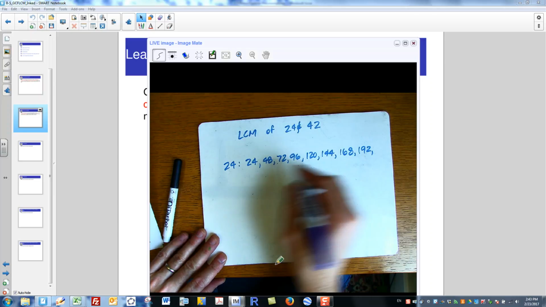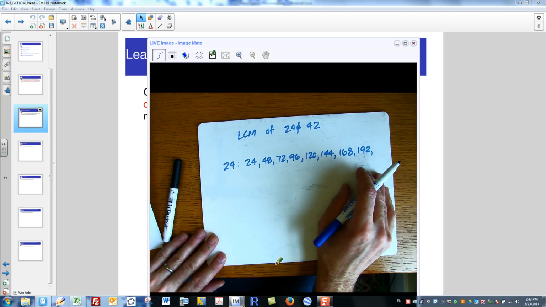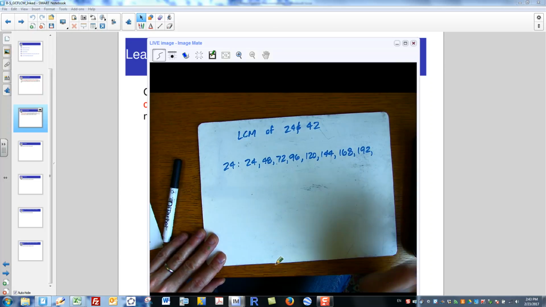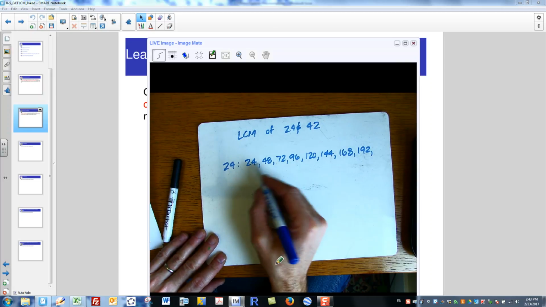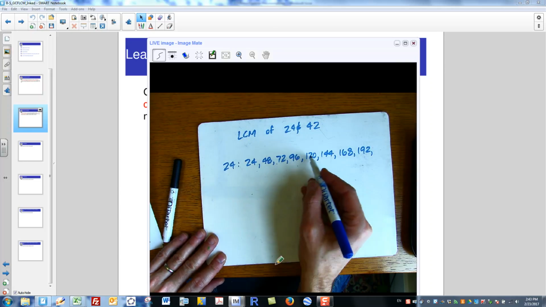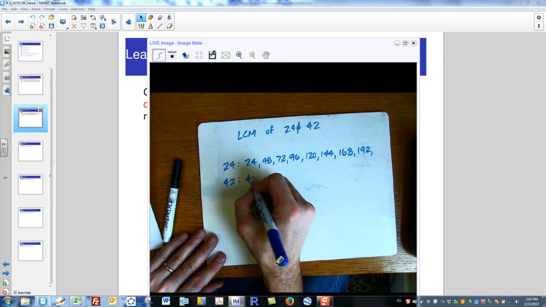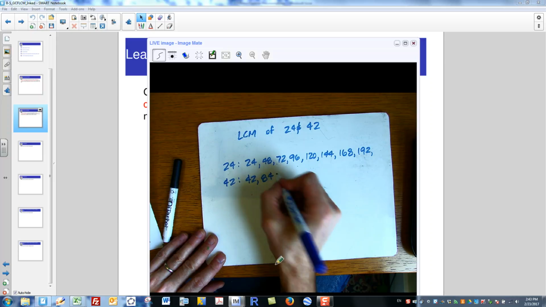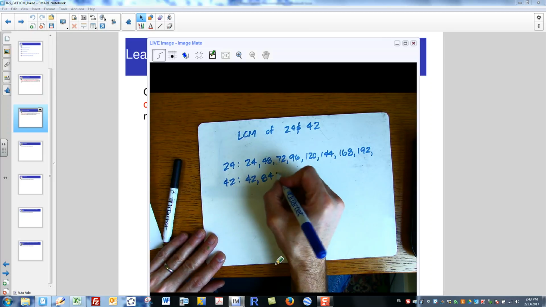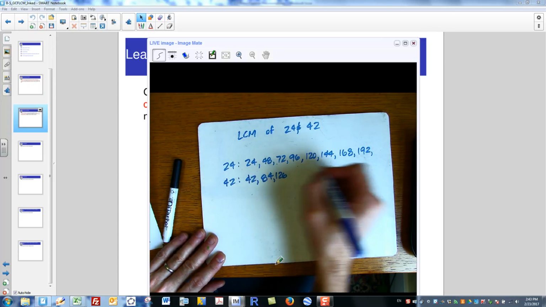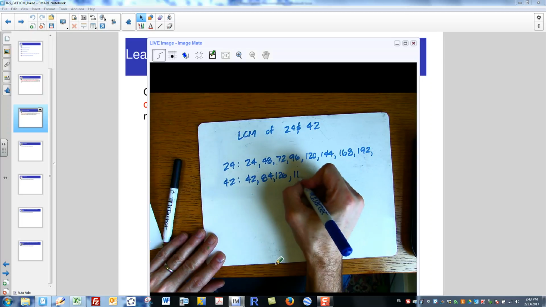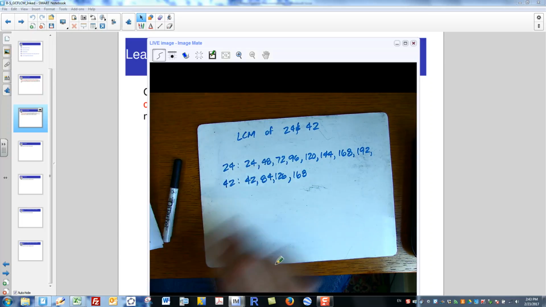You should be thinking this is times 1, times 2, times 3, times 4, times 5. Let's go ahead and do 42. Its multiples are 42, 84, I don't see it up here, 126, I don't see it up here, 168, and now I do see it up there, so I can stop.